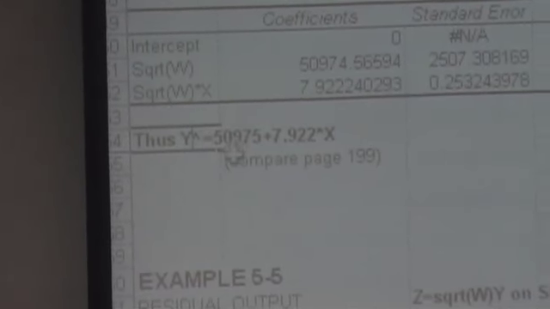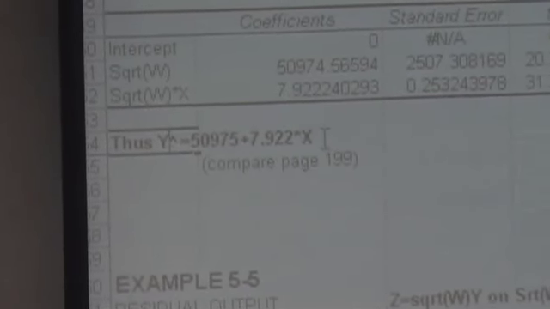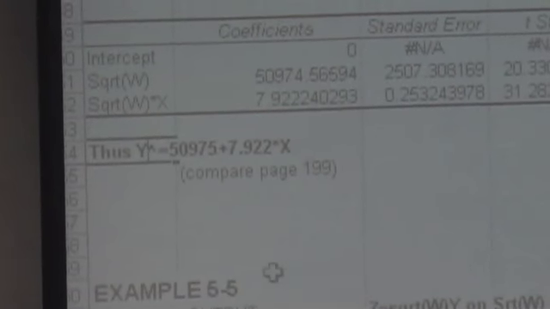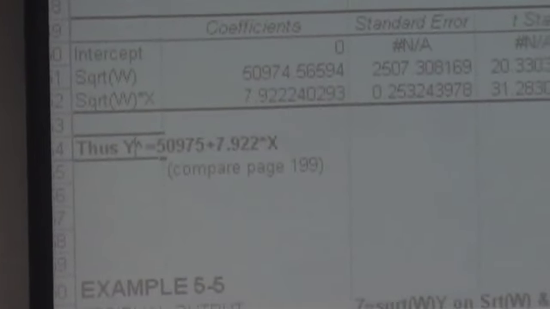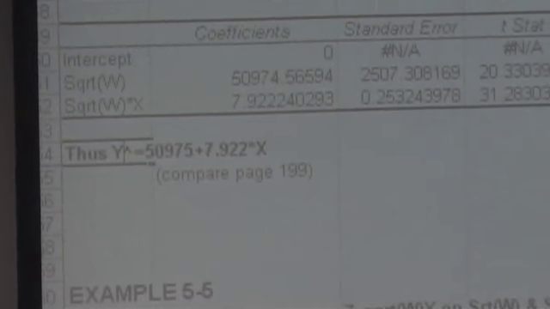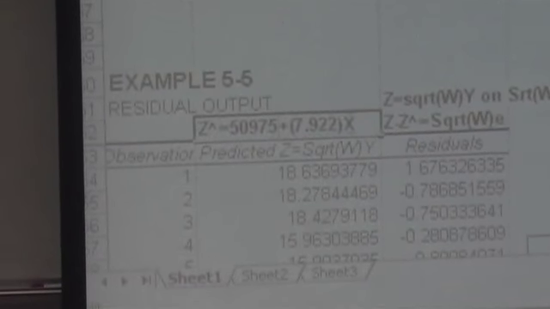Because I put it in the original variables, 1 and X. Okay? But if I put in the original variables, the different variables, then I get, see, this is wrong again. Okay, this should have been 50975 times the square root of W. Okay, I should fix this on the web page, I guess. Darn it. Okay.